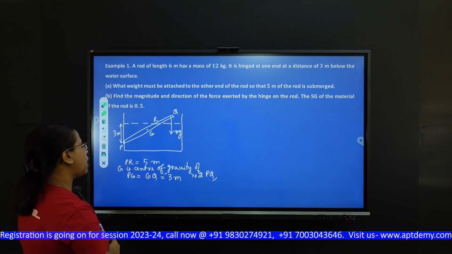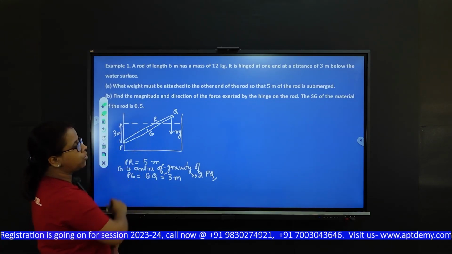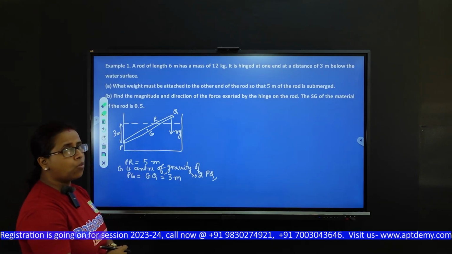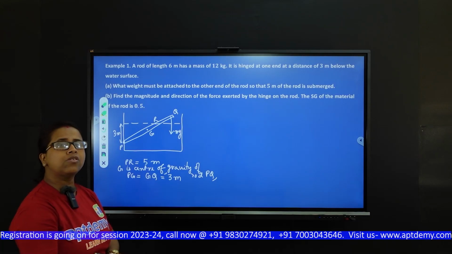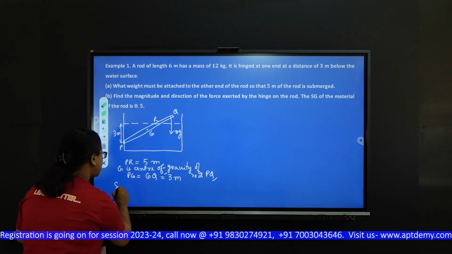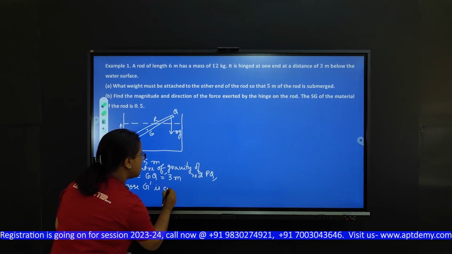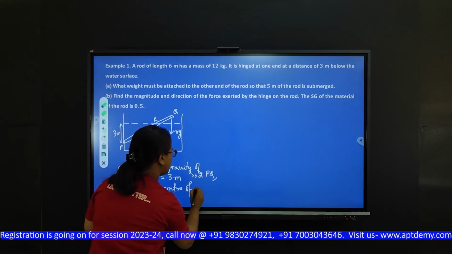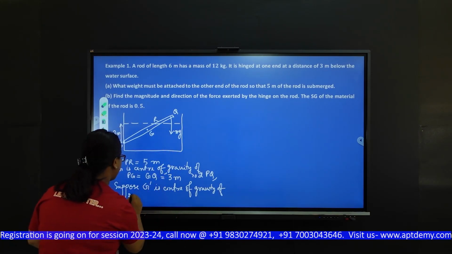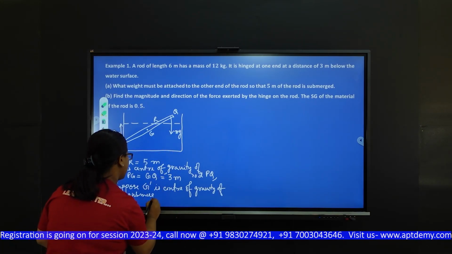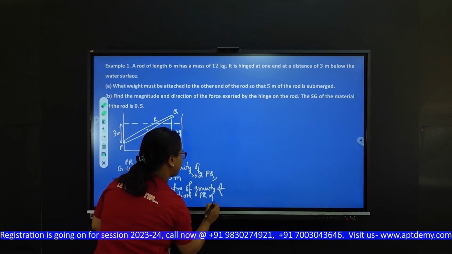Now again, looking at the submerged portion of the rod, we know that 5 meters of the rod has been dipped under the water. So that calls for another center of gravity for the submerged portion. Suppose G dash is the center of gravity of the submerged portion PR of the rod.